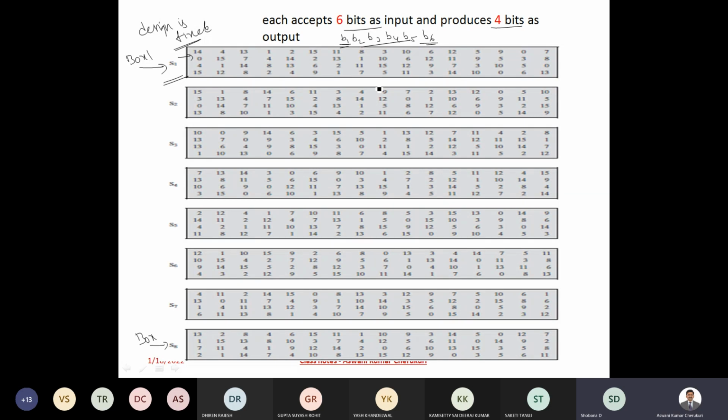And remember, the most important thing is, I can perform encryption, and I should be able to get back. When I am performing the decryption, I should be able to get back my plain text. These numbers have been chosen in such a way that your entire process is reversible. Number two, it makes this complex so that the attacker will not be able to easily break the algorithm and get the key.